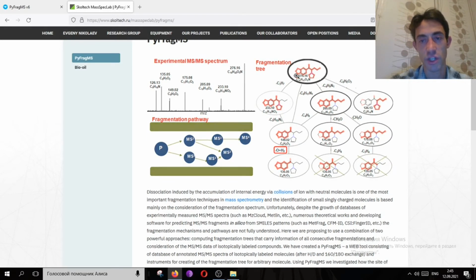So initially we had this molecule, and the fragmentation tree shows how this molecule is fragmented to eventually produce the MSMS spectrum which we are observing in our experiment. So this is a fragmentation tree, and PyFragMS is software for creating such fragmentation trees.